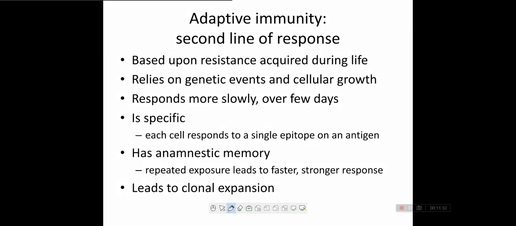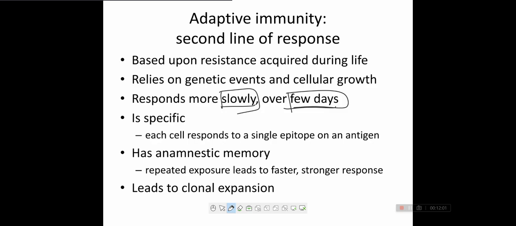Adaptive immunity, the second line of response. It is based upon resistance acquired during life, and relies on genetic events and cellular growth. It responds more slowly, over a few days. Innate immunity responds fast, within minutes, but this responds in a few days.